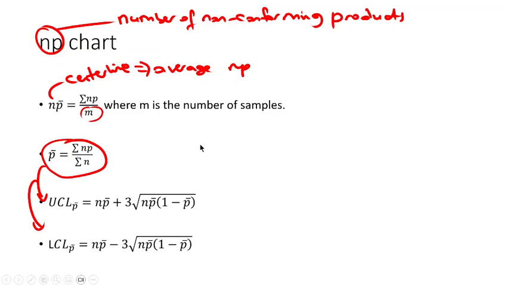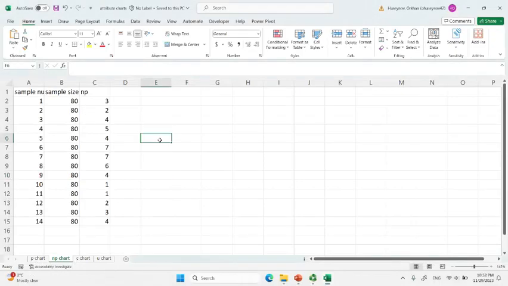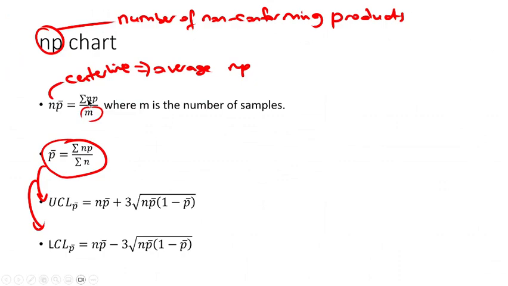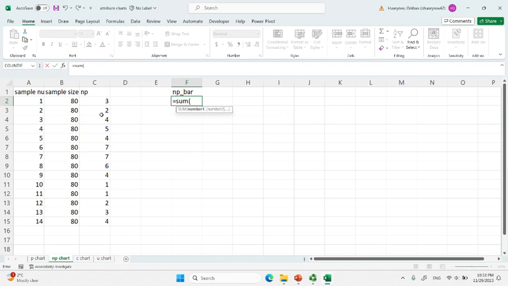The first thing is that I need to find the average NP value. So that average NP bar is equal to the sum of the NP values divided by the 14, which is the number of samples.